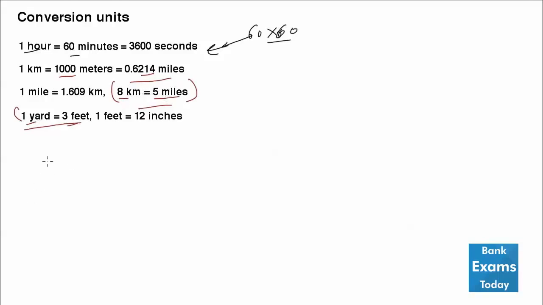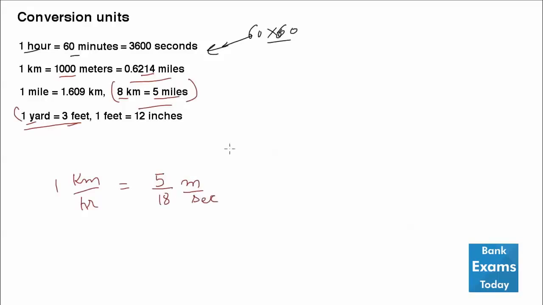Now let's convert kilometer per hour to meter per second. 1 kilometer per hour is equal to 5 over 18 meters per second.